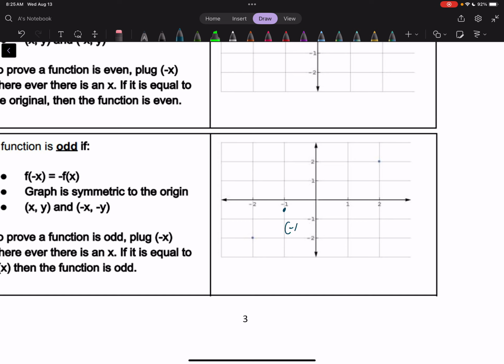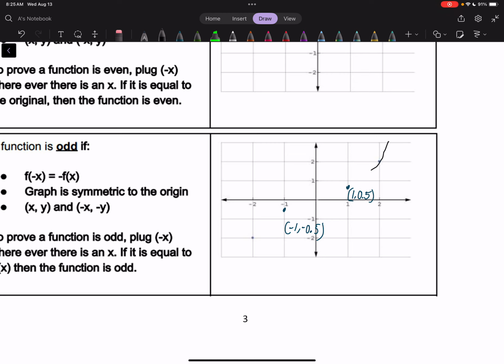If this is -1 and -0.5, I'm going to change the sign of both of these, and it is going to give me +1 and +0.5. I just wanted to use that coordinate so that you could see I'm flipping both signs.